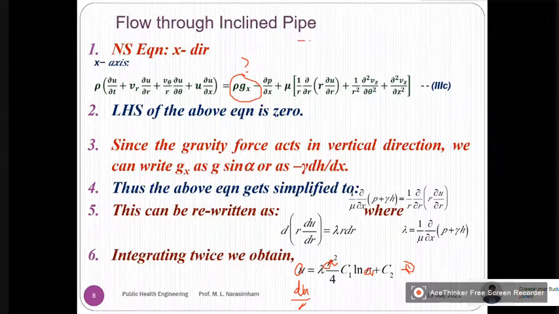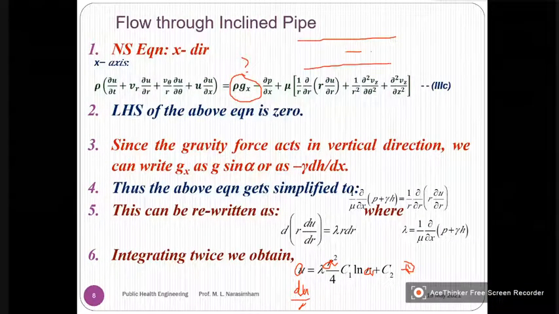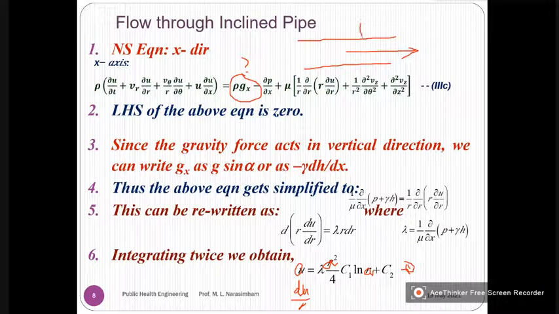See, this is the pipe. This is our x direction, and this is the vertical direction. G is acting like this. So, what is Gx? Zero. So, Gx is equal to 0.